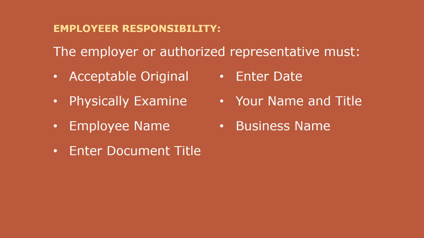Enter the document title, issuing authority, numbers, and expiration date, if any, from the original documents your employee presented. Enter the date your employee began or will begin work for pay. Enter the first and last name, signature, and title of the person completing Section 2, as well as the date he or she completed the section, and enter the employer's business name and address.